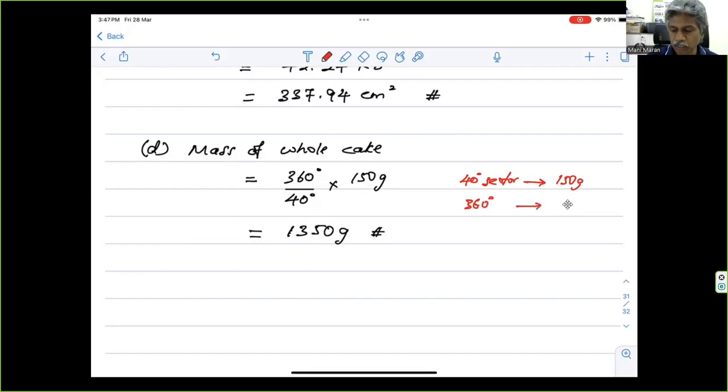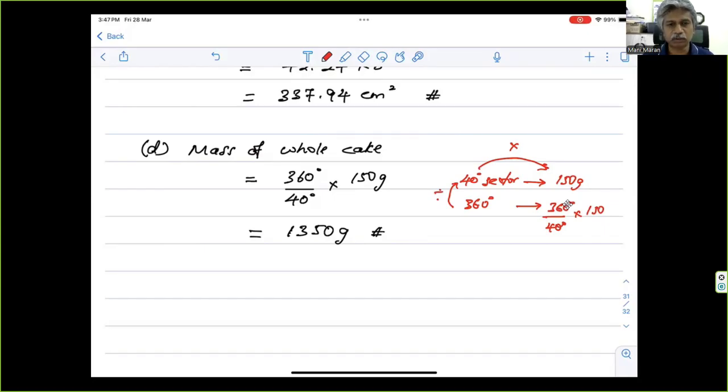This is why we take 360 divided by 40, multiplied by 150. That is how we solve this question.